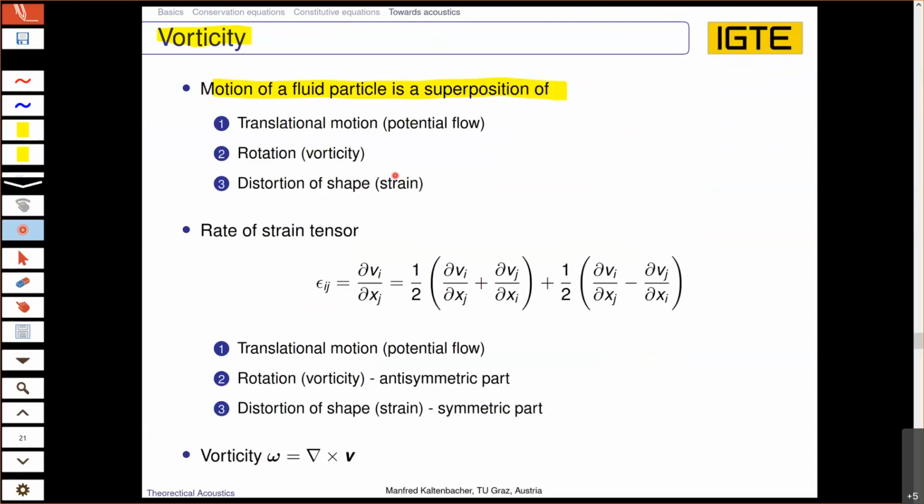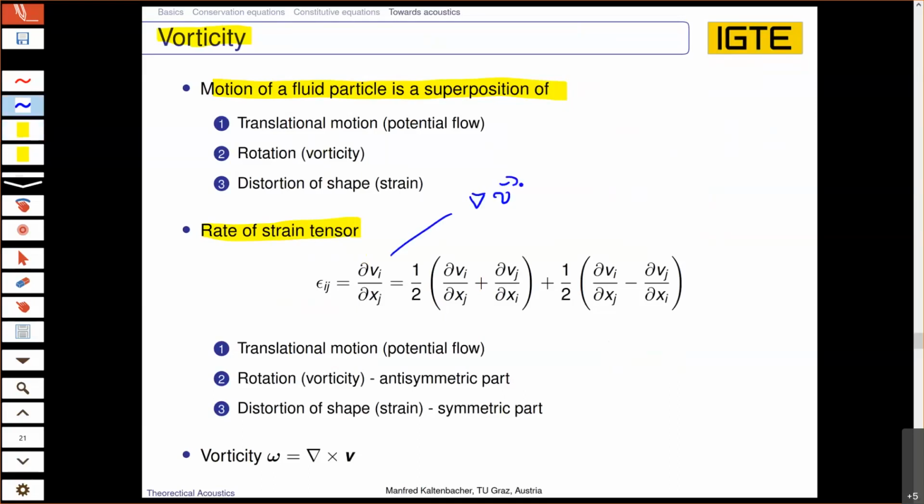And for this, we introduce the rate of strain tensor, which we have already seen, which is a general tensor of second order, which is non-symmetric. But because it's the gradient of the velocity, I could also write this as the gradient of the velocity.